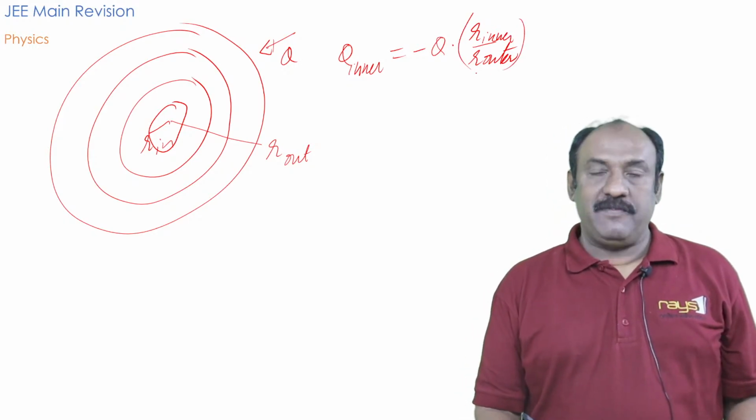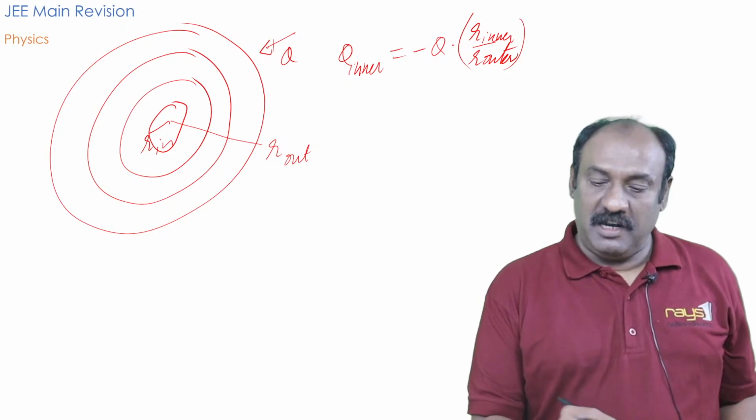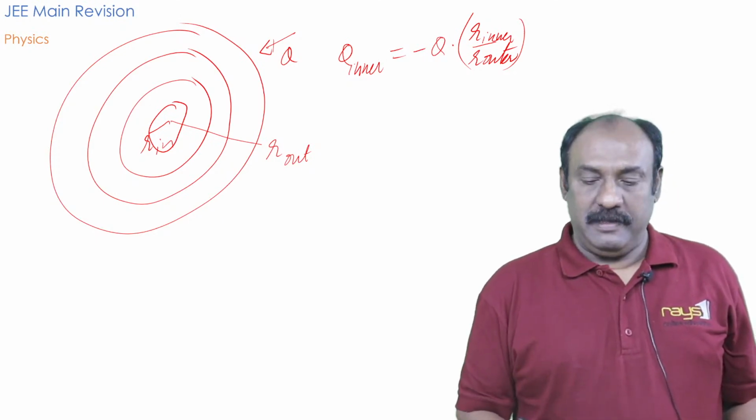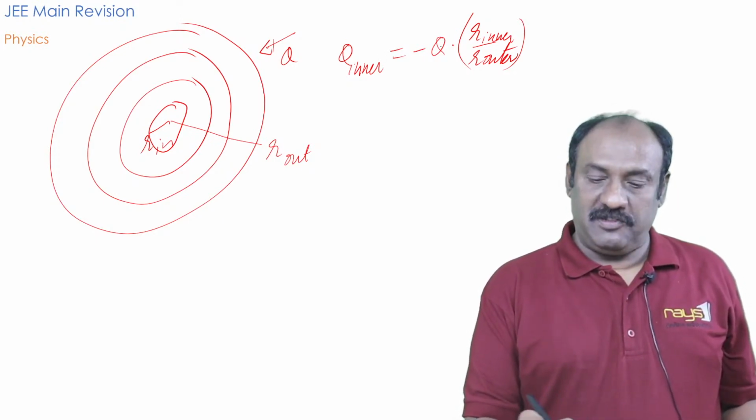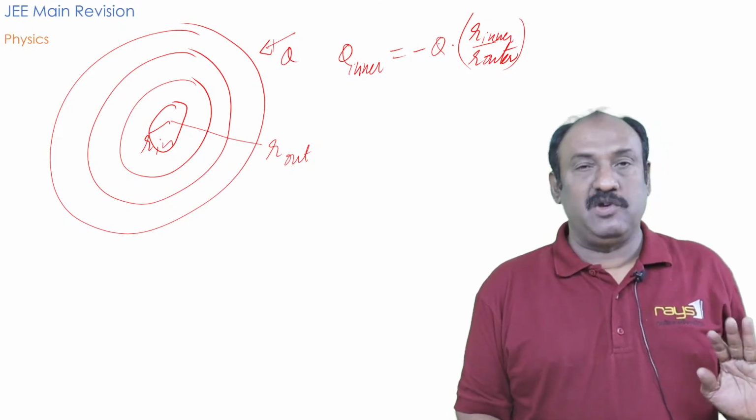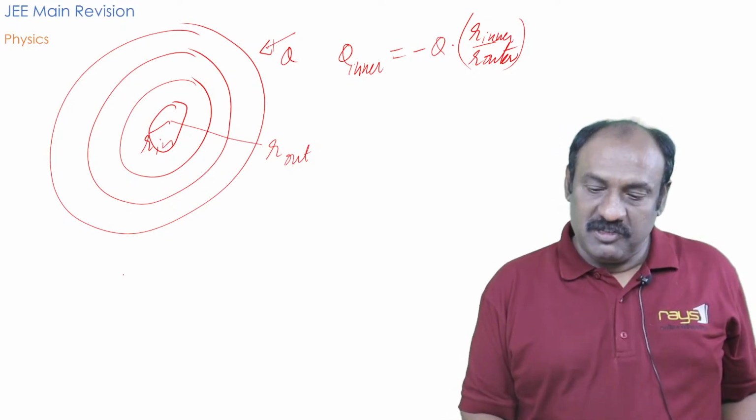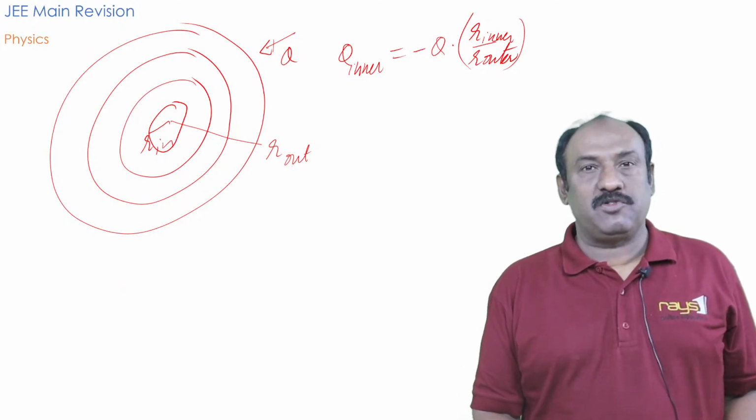So what is the equation for the charge on the innermost shell of radius r inner? The charge given to the outer shell is Q, so it is minus Q into the radius of the innermost shell by the radius of the outermost shell.